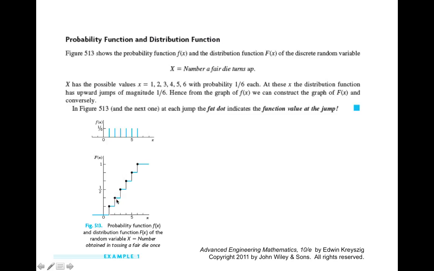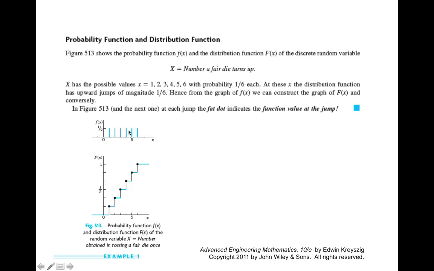When we get to 2, now we're looking at the distribution function. By the time we're at 2, we've already incorporated 1, so we're 2/6 of the way to incorporating 100% of all the values. It's a sum of the individual probability occurrences.